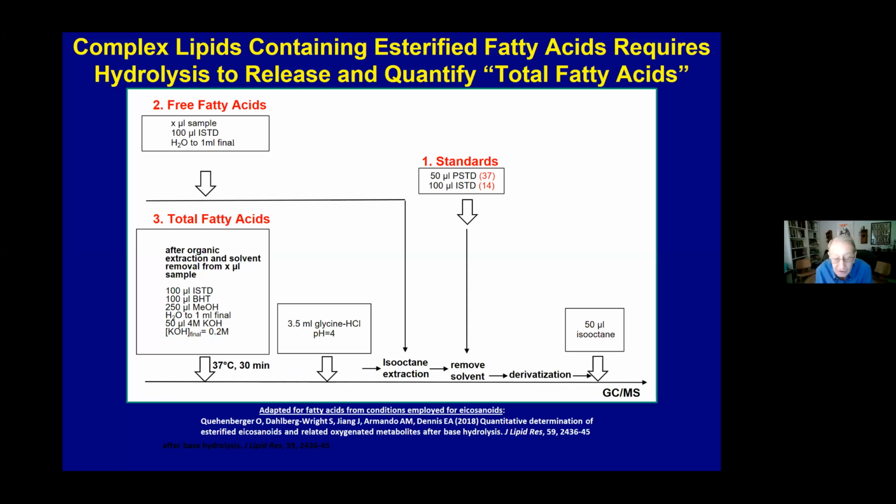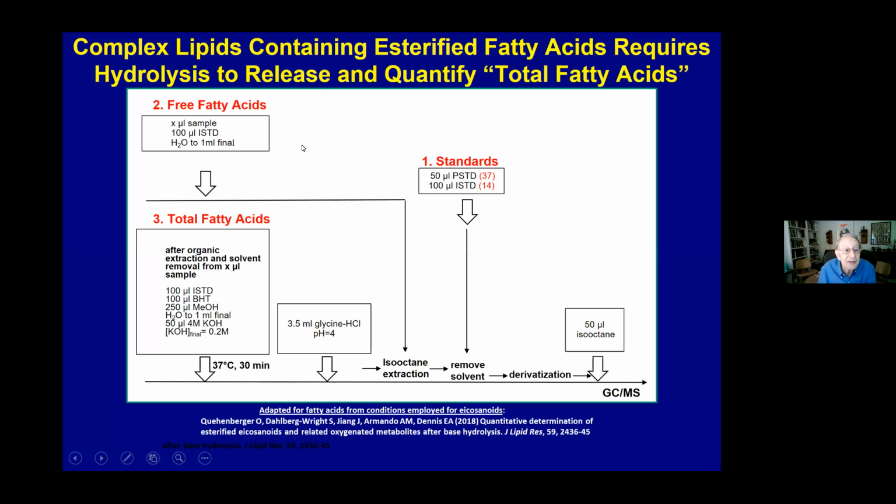Again, primary standards are pure, weighed, and then put into a solvent solution that is very quantitative, and we include a mix of 14 internal deuterated standards. We make that mix, we remove the solvent, we derivatize it, we take up the derivatized material in isooctane, run the GC mass spec.